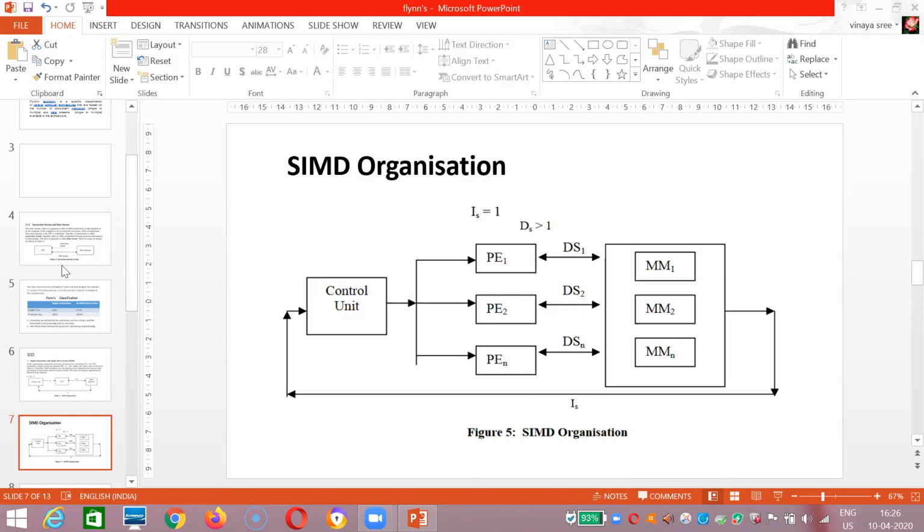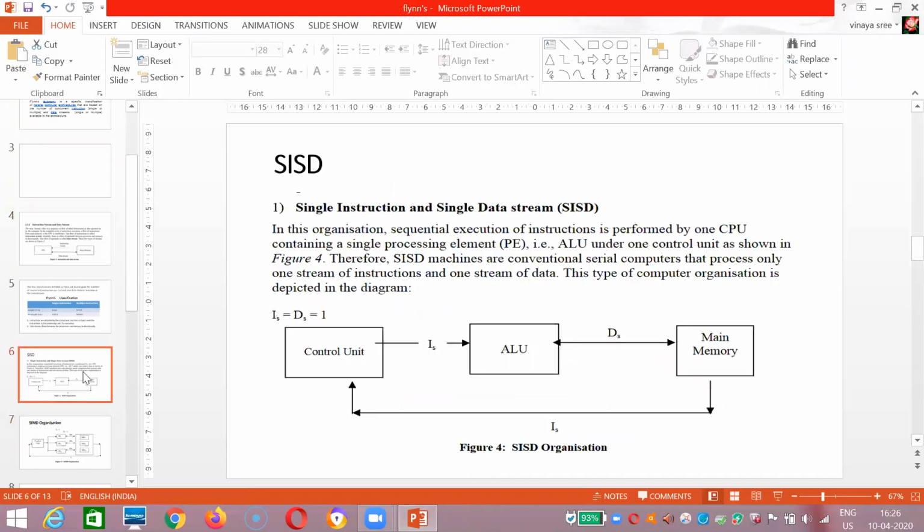Let me explain with an example so that you can understand. First let me explain single instruction and single data with an example. Let us consider the processor is given one address.